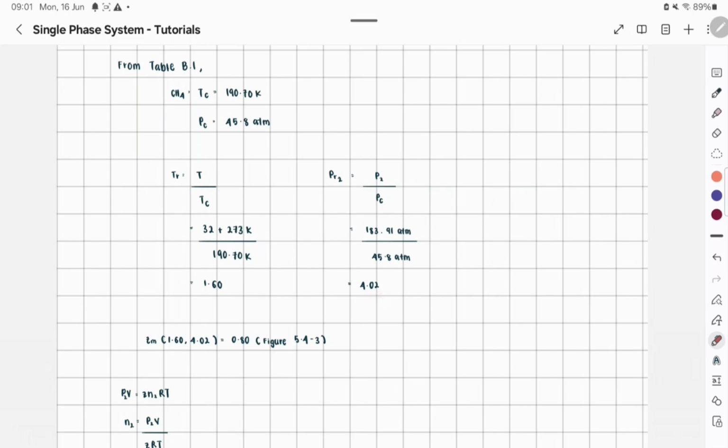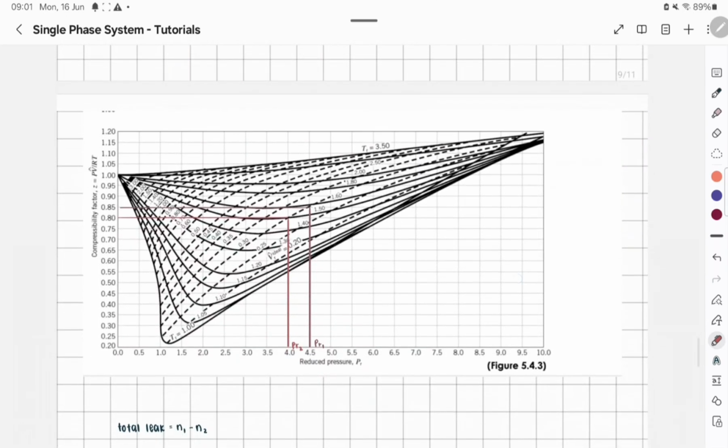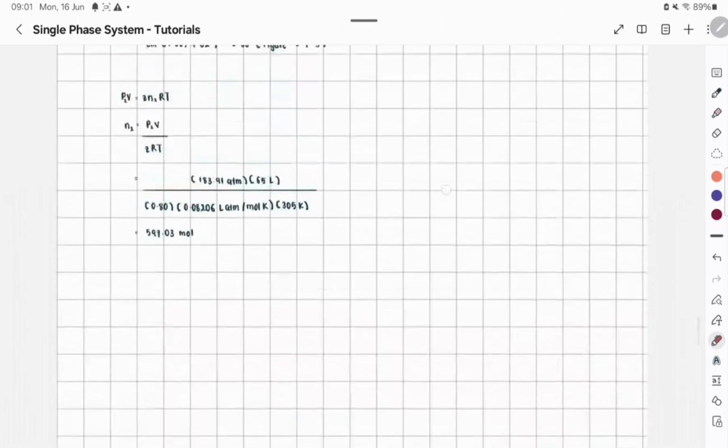Referring to the graph which is given, we refer to the horizontal axis. We approximate the 4.02 as around 4. Then we look up to the dotted line, and it will intersect at the line TR equals 1.6, and then we refer to the vertical axis, then we will get 0.85, which is the same.